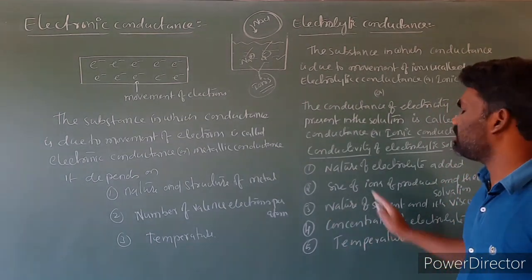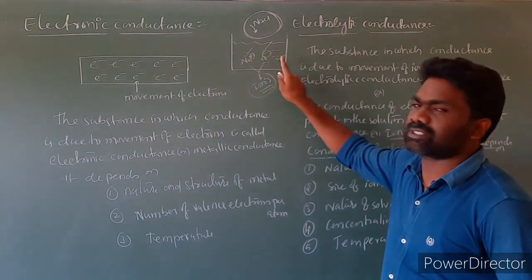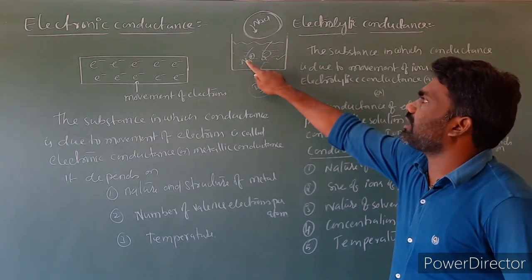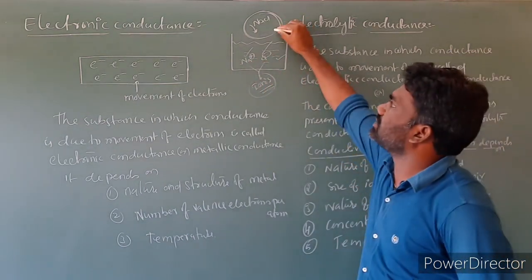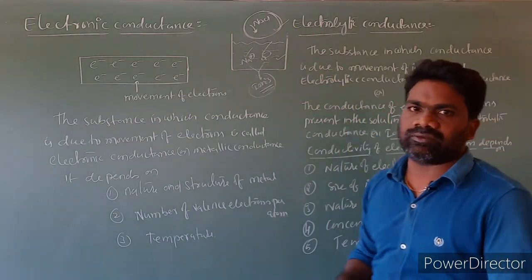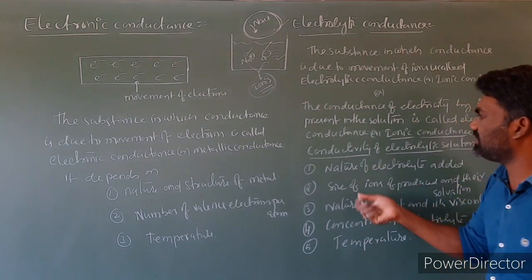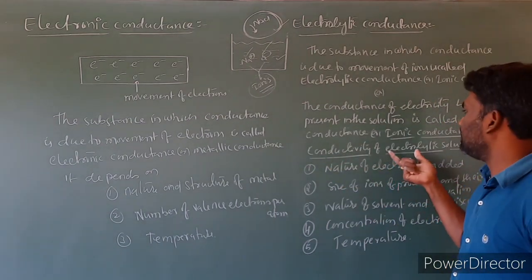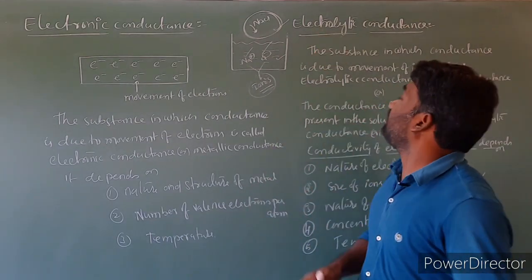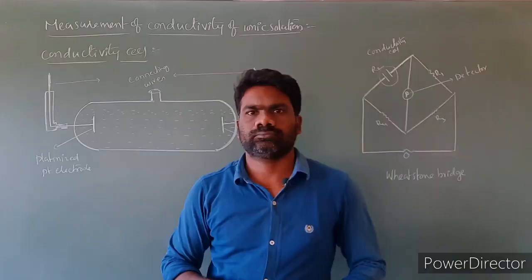The next one is the nature of the solvent; the nature of the solvent and its viscosity will influence the conductivity. And the next one is concentration of electrolyte. The concentration of the electrolyte added and the temperature will influence the conductivity of these electrolytic or ionic solutions. This is electrolytic conductance.